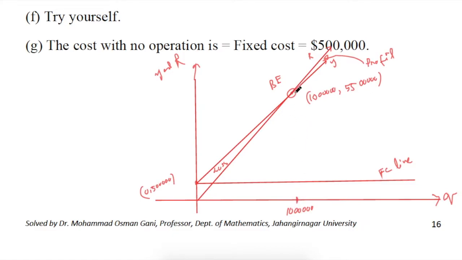And if it is 55 lakhs this distance, then the cost line will initiate from 5 lakhs because the y-intercept or fixed cost is 5 lakhs. So the cost line will initiate from this point and it passes through the break-even point, therefore this is your cost line, and the revenue line will start from the origin and passes through the break-even point, so this is your revenue line, and the line parallel to the q-axis starting from this point is the fixed cost line, and this point is the break-even point.